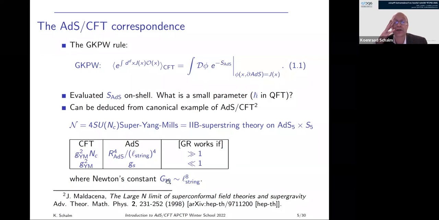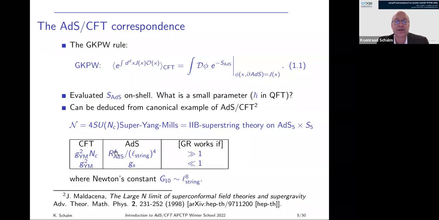As you know, Newton's constant in 4 dimensions is proportional to the inverse Planck mass squared, right? It has dimensions of length squared. In 10 dimensions, it has dimensions of length to the power 8. So type 2B string theory, which lives in 10 dimensions, naturally has a gravitational coupling constant which scales as some length scale to the power 8. And it's this length scale that appears here.